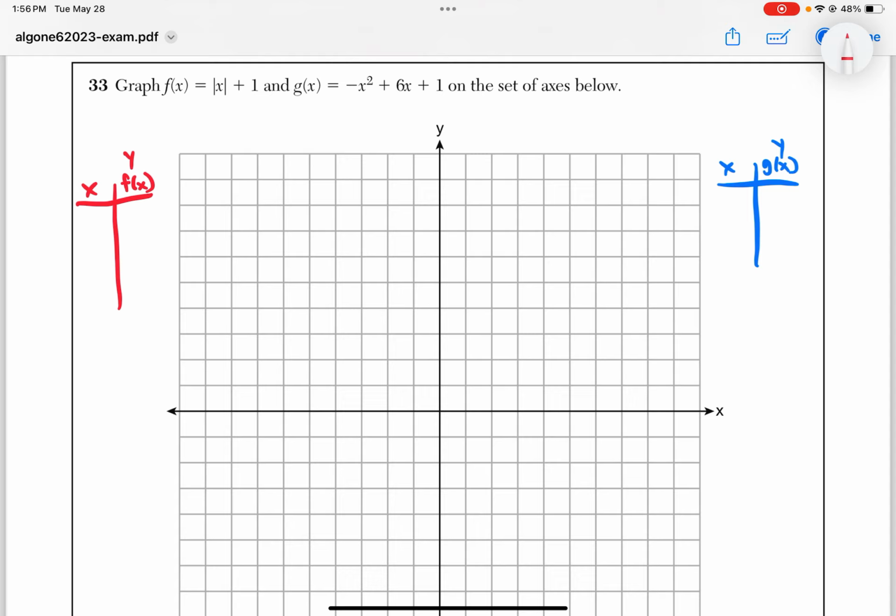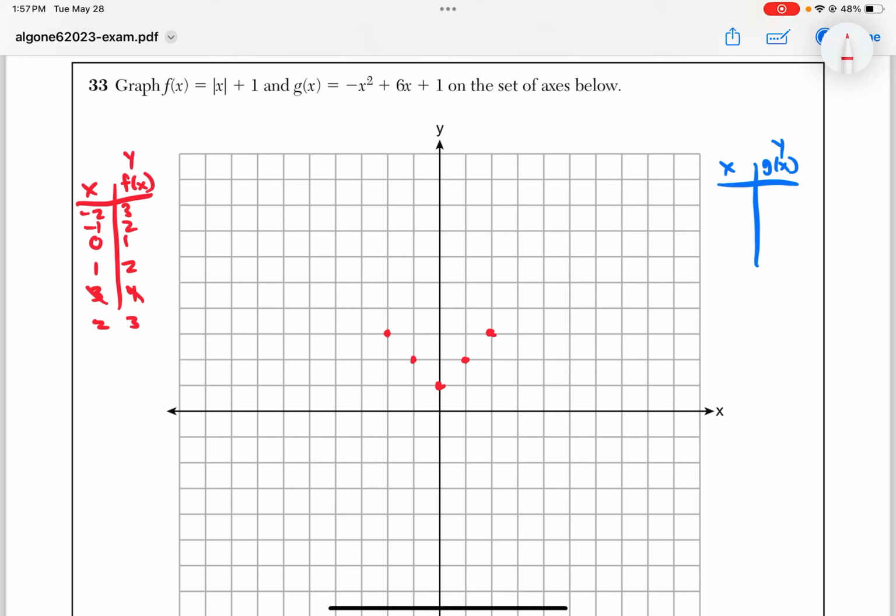So some coordinates that I see here: 0, 1, 1, 2, 2, 3, negative 1, 2, negative 2, 3. So let's plot some of those.